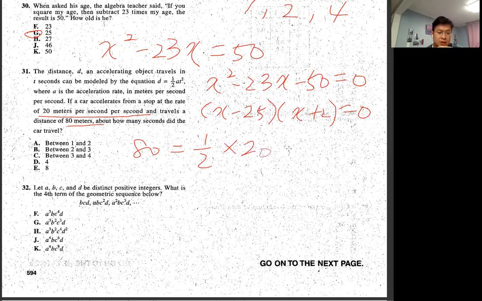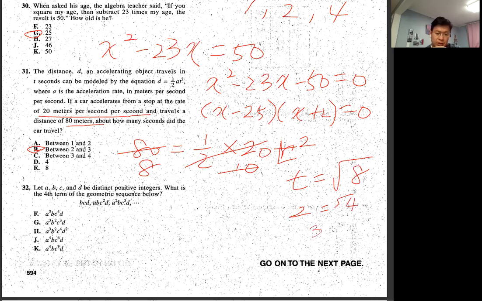Acceleration is 20, and then t squared. So then this is 10, right? And then this is 8. So t is square root of 8, which is between 2 and 3. Because square root of 4 is 2, and square root of 9 is 3. So root 8 is between these two.